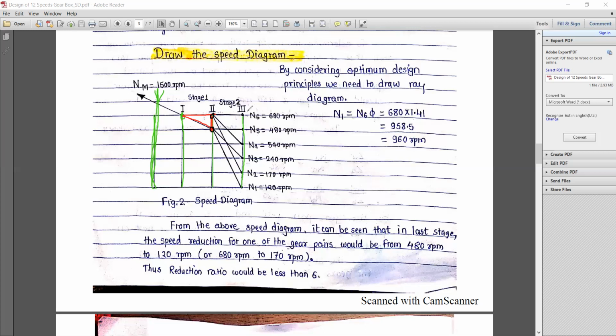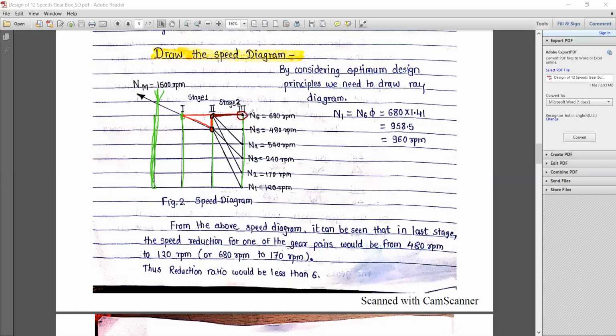Now about stage number 2, from spindle number 2 to spindle number 3. From each output there are 3 different outputs, as we have already seen in the structure diagram above. Now again we have to draw in a similar manner. Drawing the first line, I get the first point.